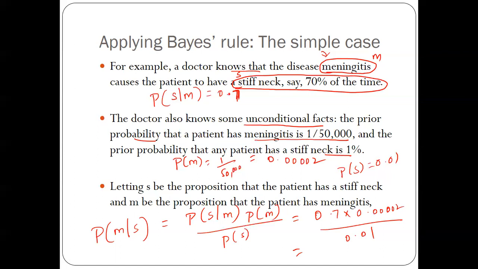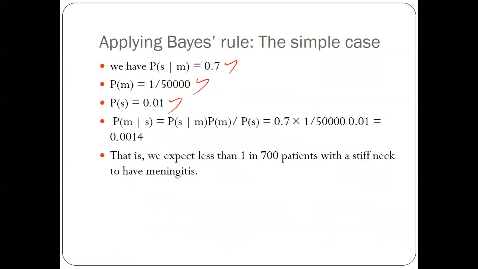If you calculate this, 0.7 times 0.00002 divided by 0.01, the value is 0.0014. That is, we can expect that 1 in 700 patients with a stiff neck will have meningitis.